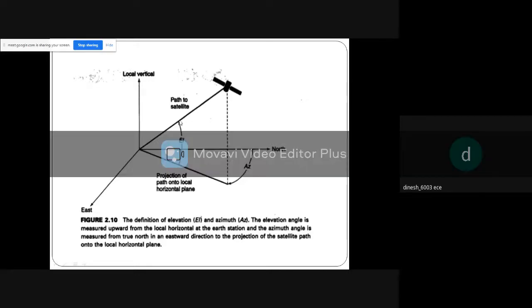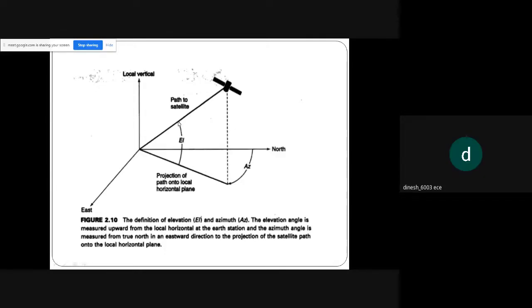The angle between this path of the satellite and the projection from the north side to the east side is called the elevation angle.